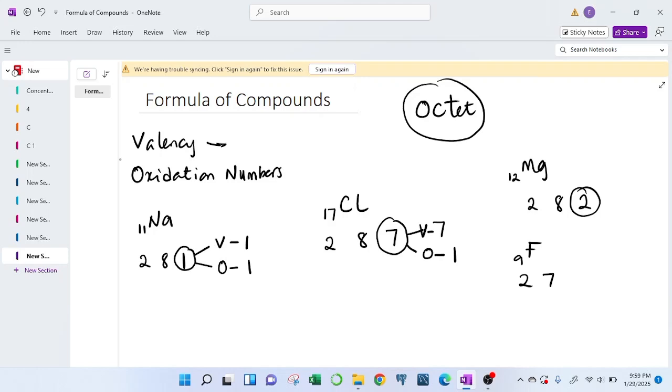So get the material, download it, and learn them. However, you don't need to just cram them. You can easily know them. Any element at all. This is exactly how you get it. So this is just an introduction. In our next video, we are going to start applying these concepts using the oxidation number, to actually get the formula of compounds.